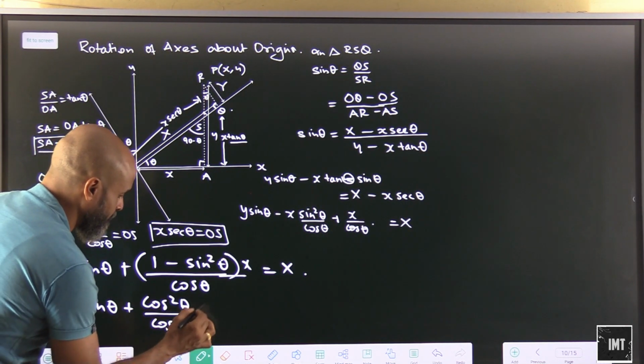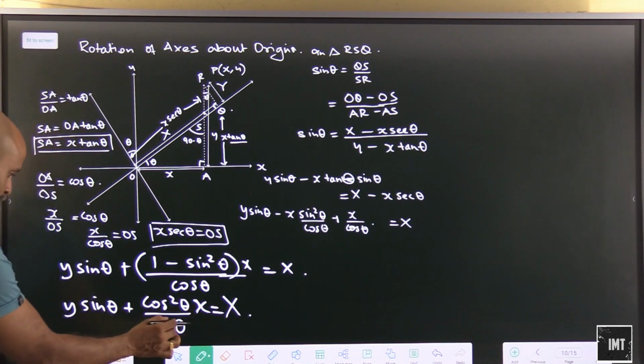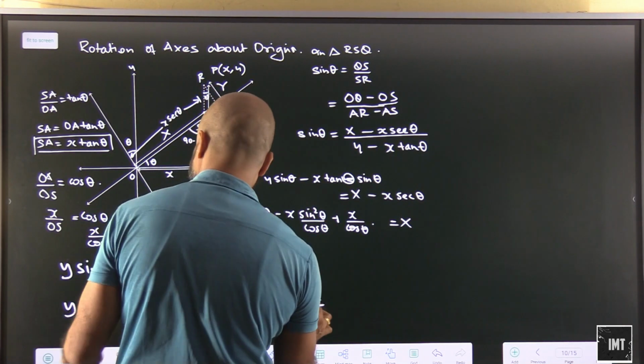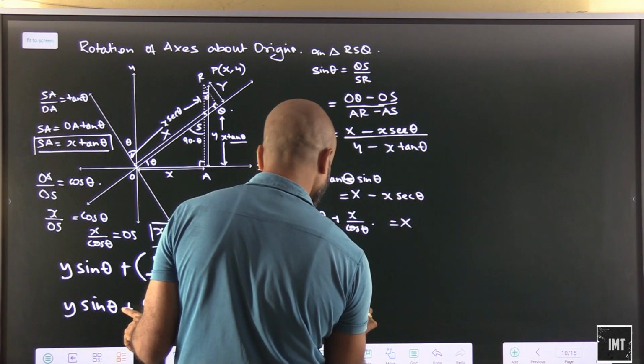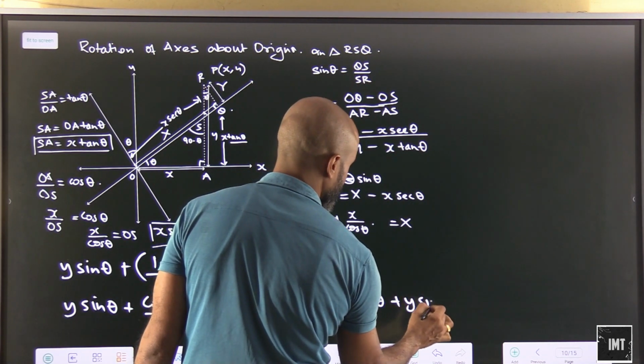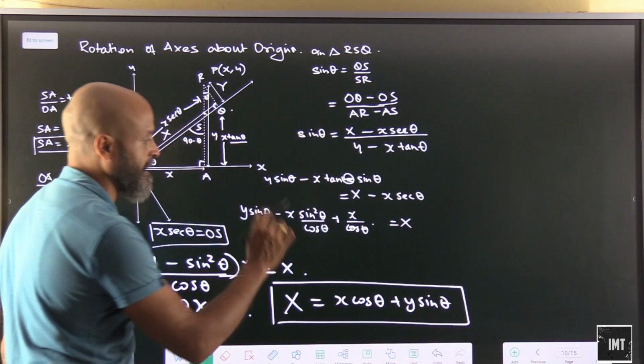So cos theta cancels, and capital X is equal to x cos theta plus y sin theta.